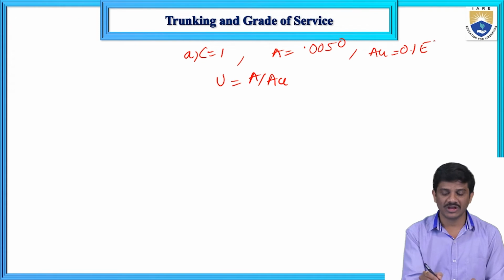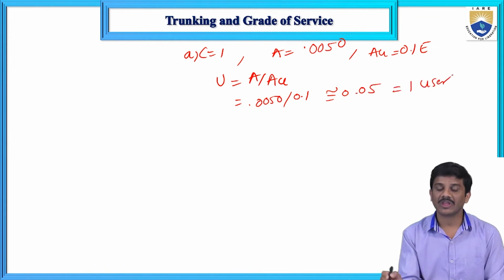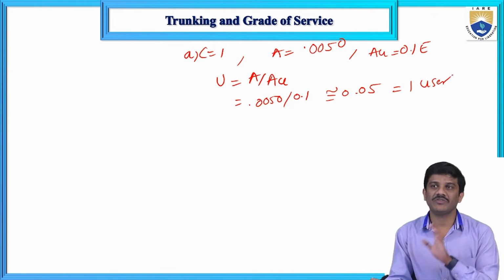Then substitute A equal to 0.005 by 0.1, and approximately we can write 0.05, so one user.